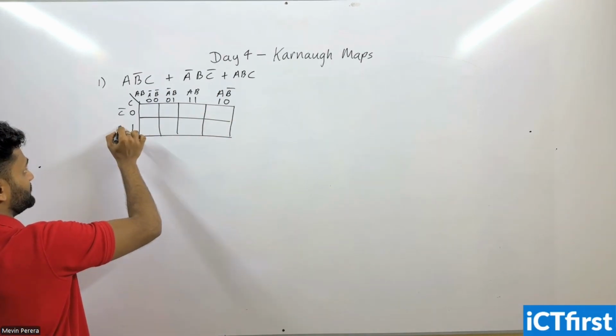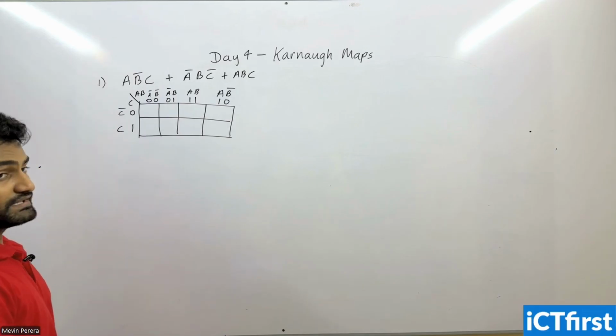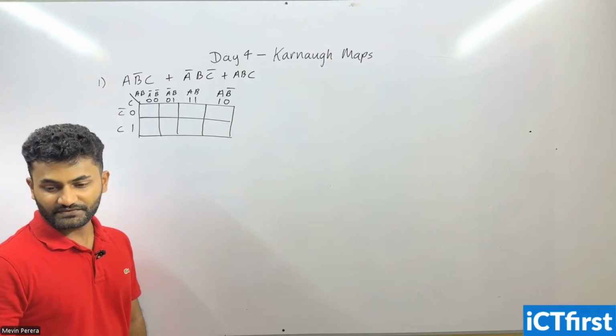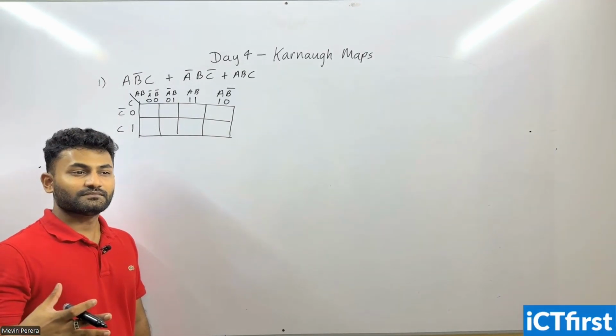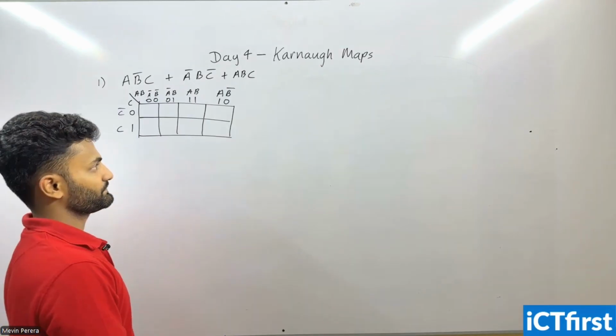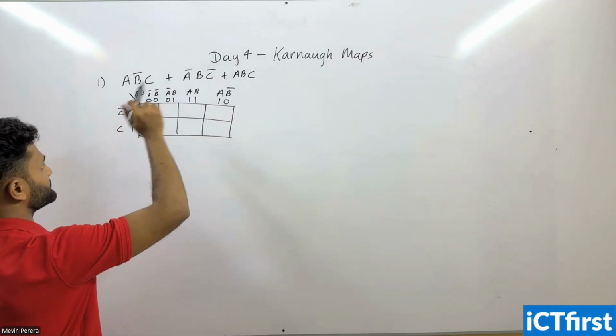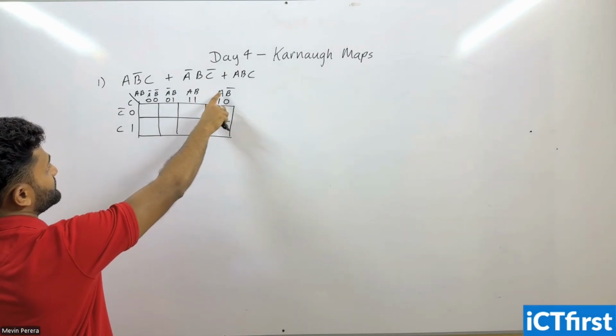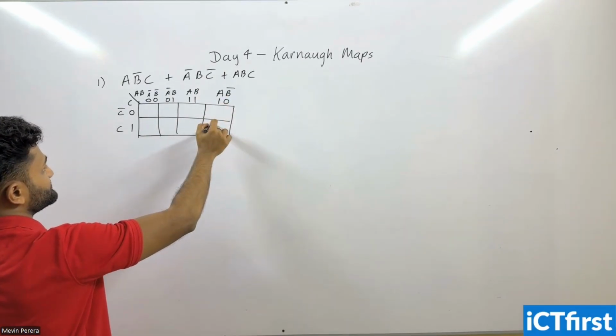This is C bar, C. You don't have to write it; if you can process it in your mind, it's fine, but what I usually do is write it. Then A, B bar, C: this is the position.